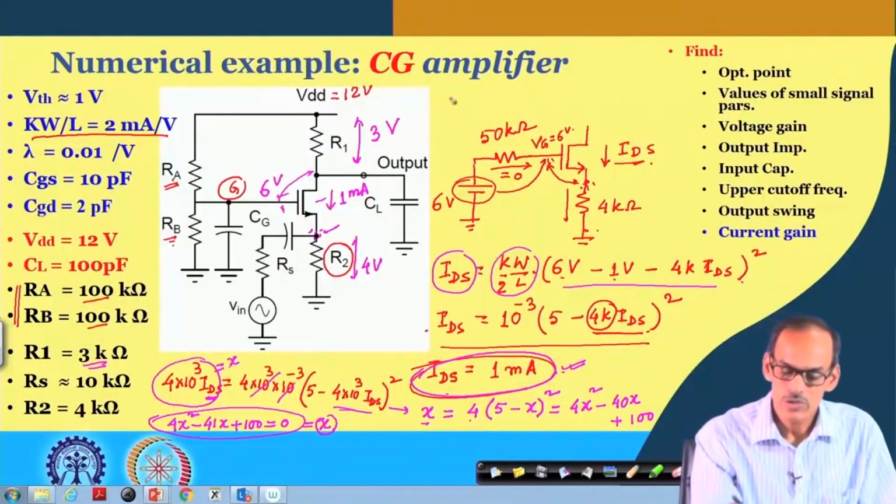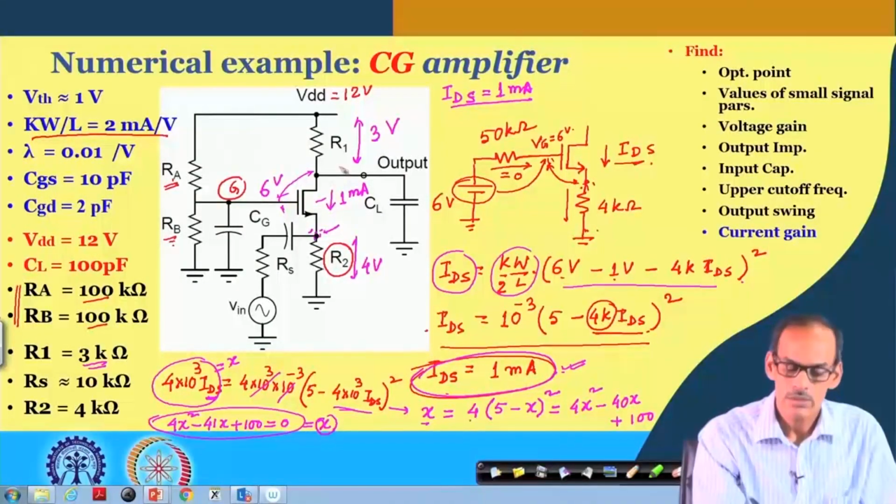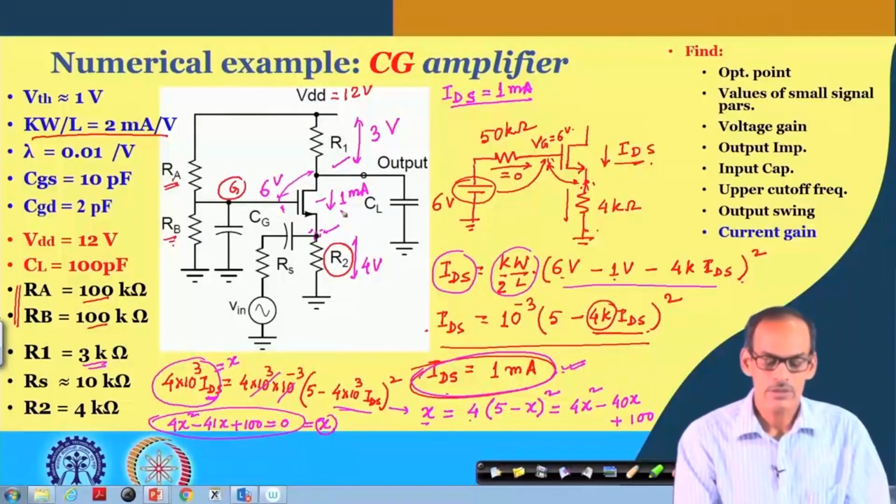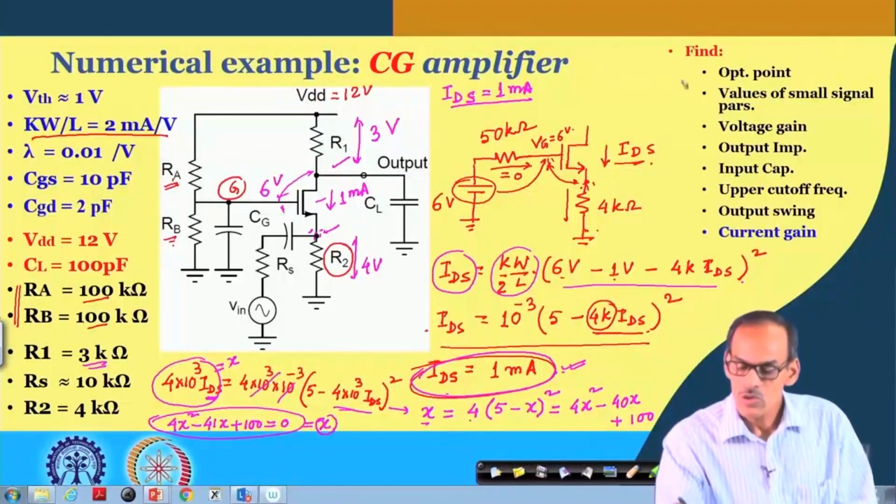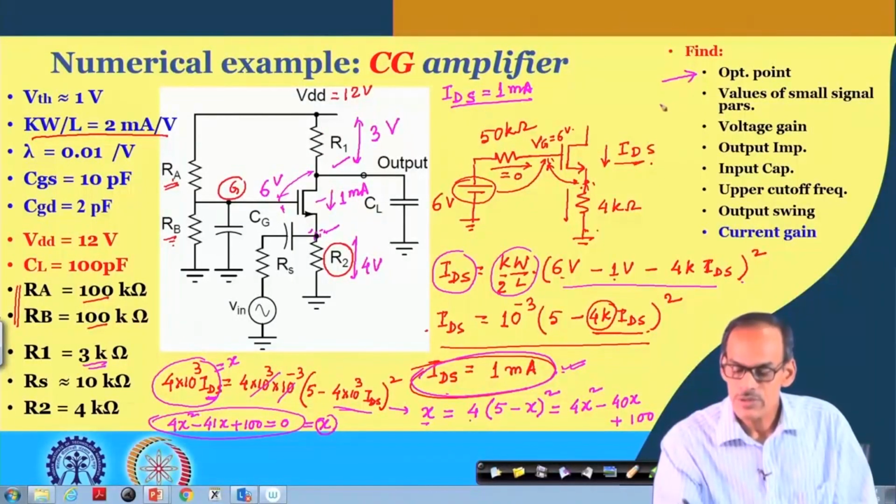So, at the end what you obtain here is IDS equal to 1 milliampere, and different VDS and VGS we obtain. So, we obtain the operating point using that.